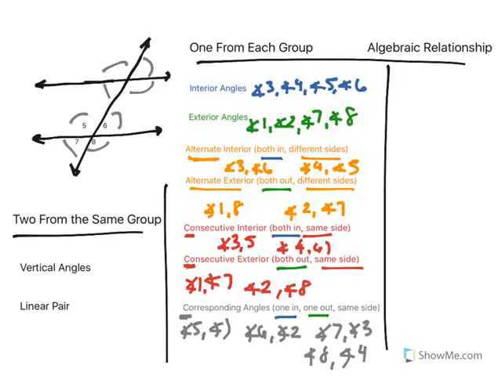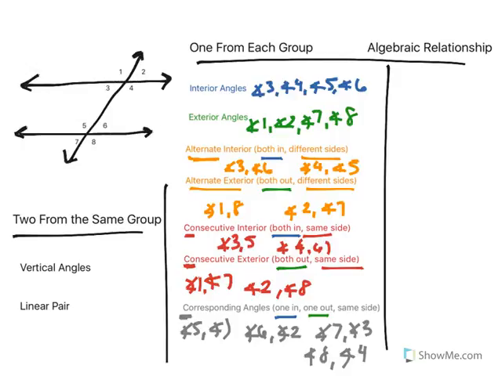Okay, so notice how when we classified angles as alternate exterior, consecutive, or corresponding, we were taking an angle from this group up here and an angle from this group down here and comparing them. But what if we want to compare angles that are in the same group? What if we want to compare angle 1 to angle 2 or angle 3 to angle 4?